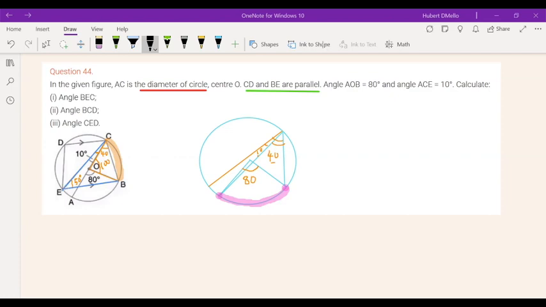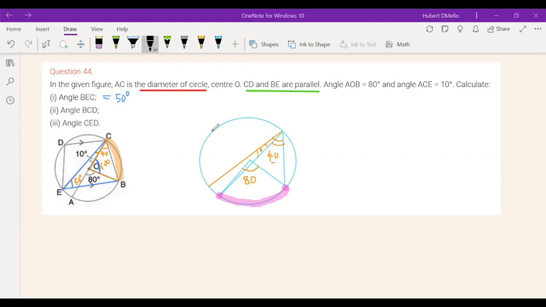Okay. Well done. Good job. So what else? Any other piece of information? BEC is one that we worked out as 50 degrees.